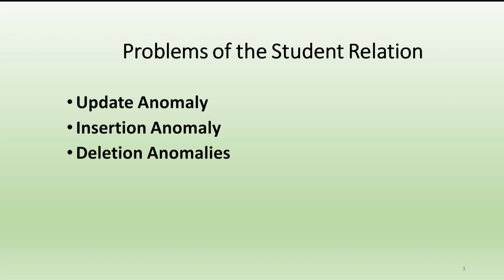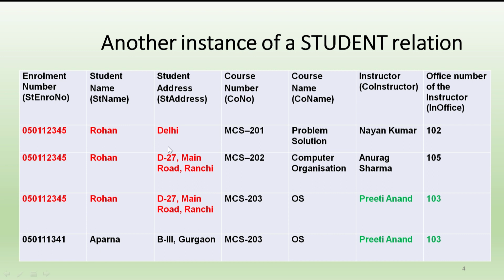Now, an update anomaly is the one which occurs due to updating the table where the redundant information is available. For example, suppose that student Rohan changes the address to Delhi.